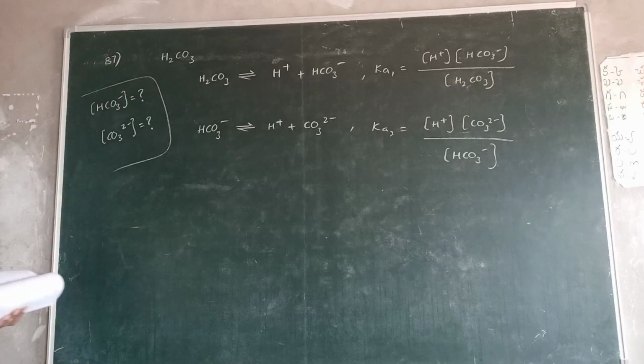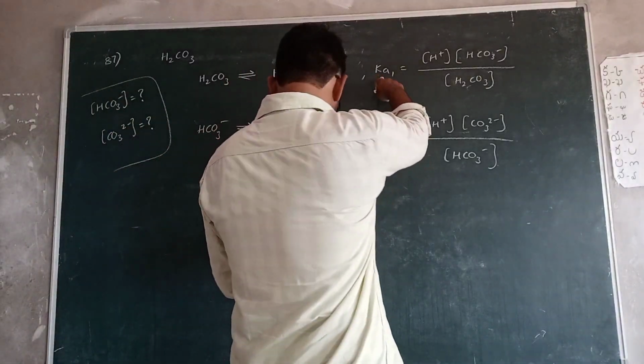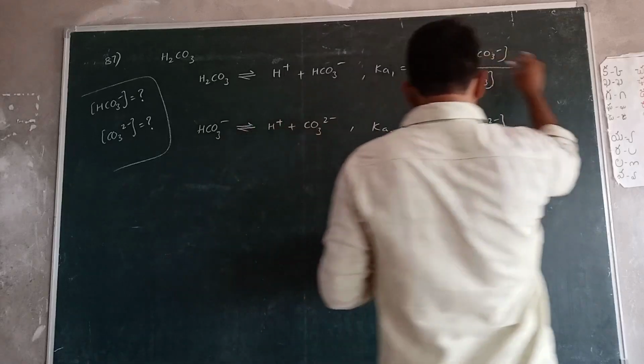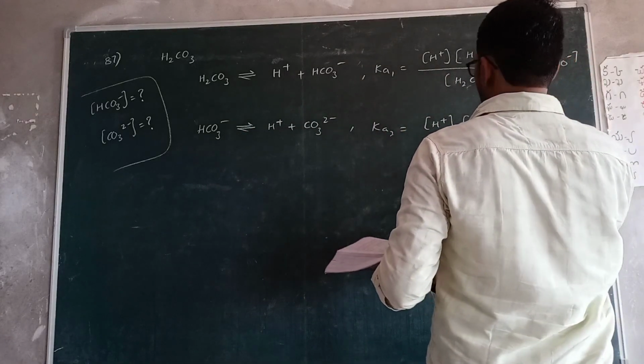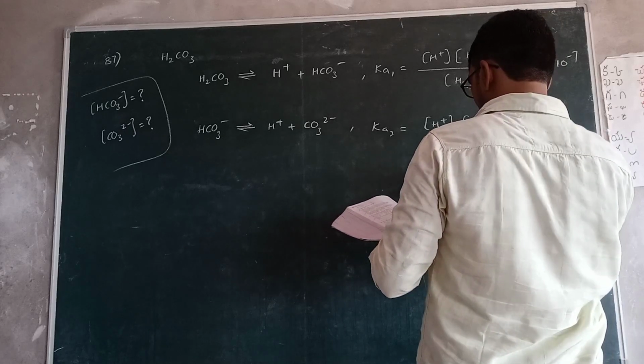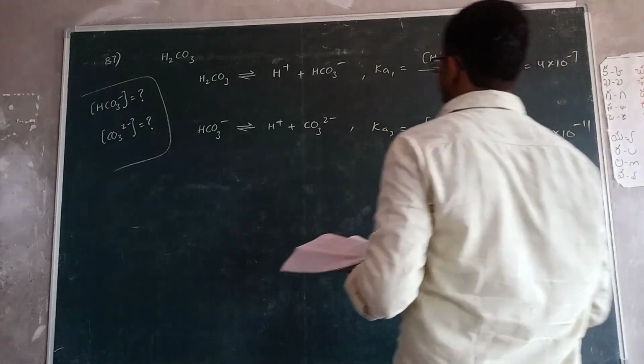And Ka1 value is given, Ka2 value is given. What is the Ka1 value? Ka1 value is 4 into 10 to the power of minus 7. Ka2 value is 7 into 10 to the power of minus 11.